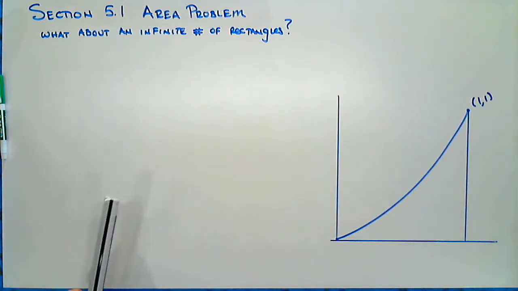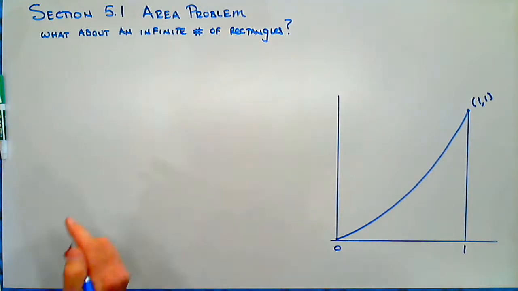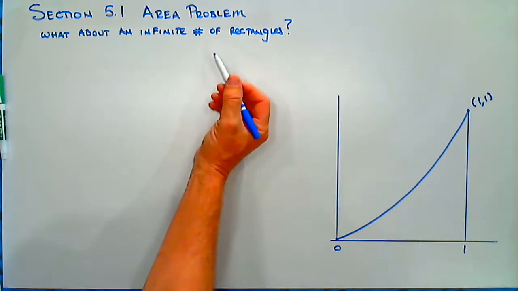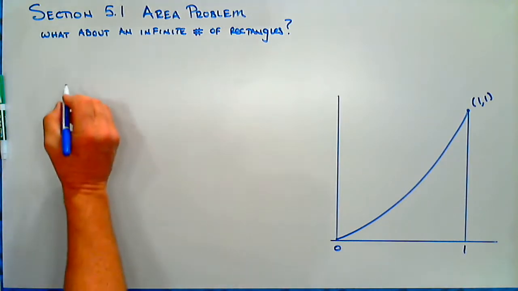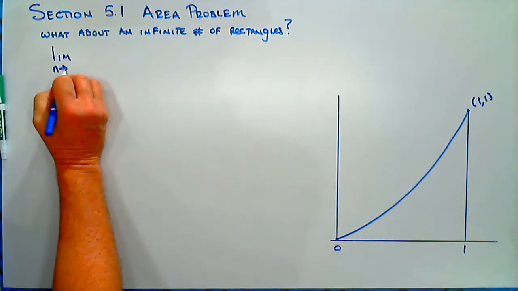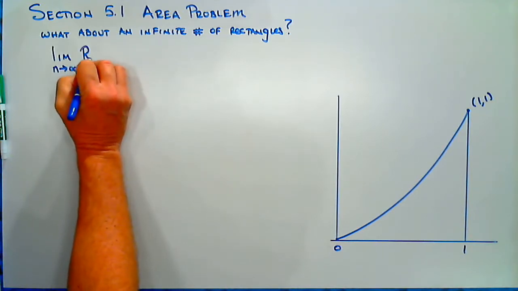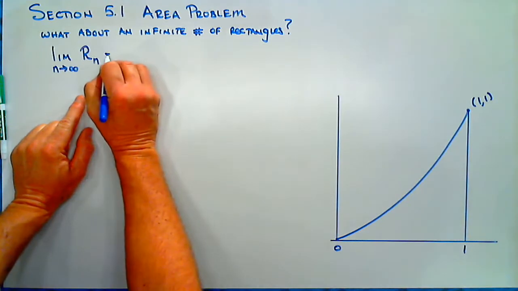So from here, the last time we approached this, we said, well, we're going from 0 to 1. And I want 4 rectangles, right? Well, now the question has grown a bit. So how do we write this? What's our notation for this going to look like? Well, believe it or not, it's going to look like this. We want to take the limit as n approaches infinity, and I'm going to use right-hand endpoints, R sub n. Right? This is the actual area.